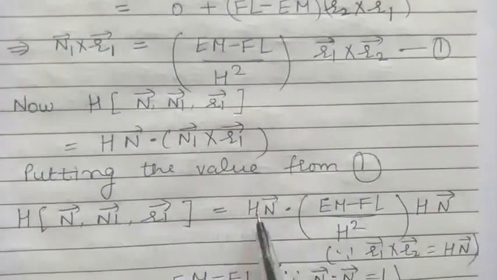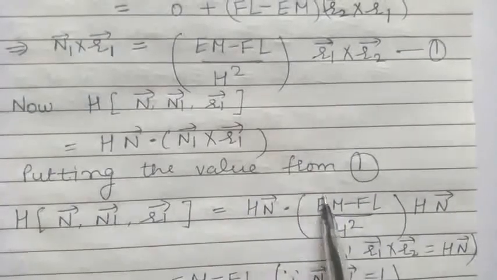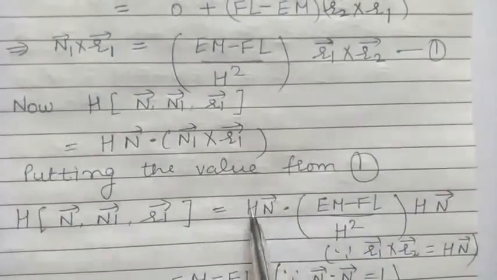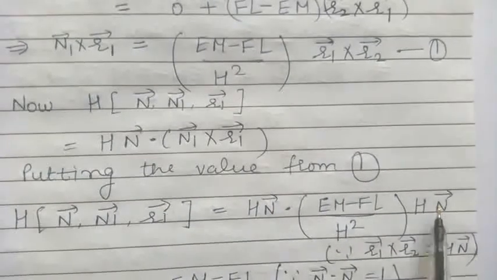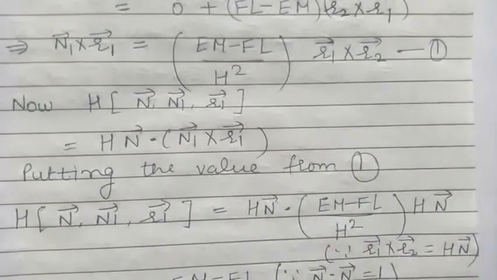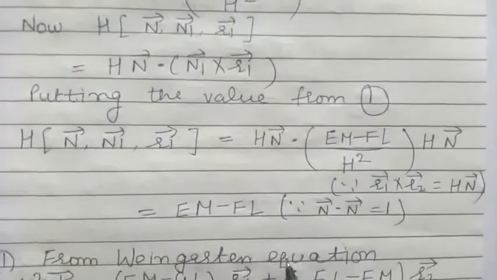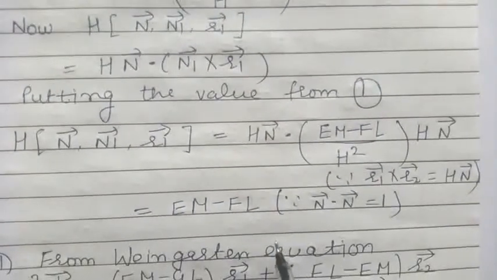By definition of the scalar triple product, this is given by n dot n1 cross r1. The value of n1 cross r1 we have obtained already in equation 1. So substituting the value of n1 cross r1 here, we get h into the scalar triple product of n, n1 and r1 is h into n dot the value. Now this h square is cancelled with this h square, and n dot n, because n is a normal unit vector, gives 1. So we have obtained the first deduction.